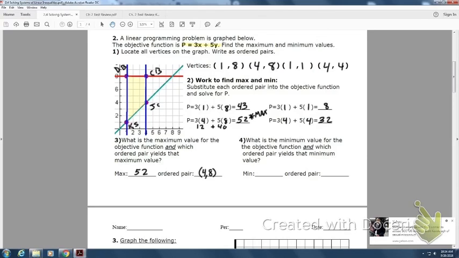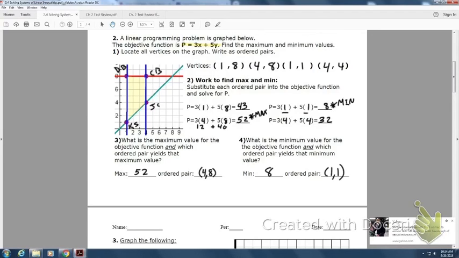Yasmin, what would the minimum be? From which one? Yeah, so what ordered pair did we get 8 from? 1, 1. Okay. Sorry, didn't hear you. Alright.